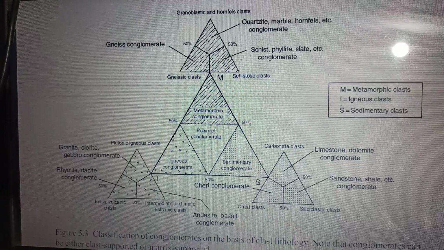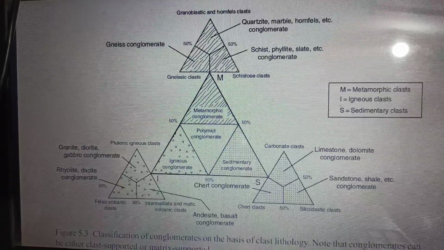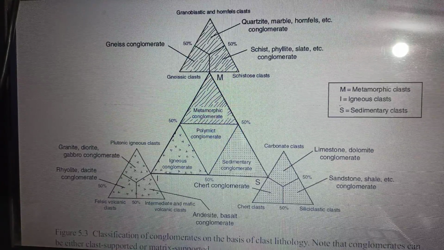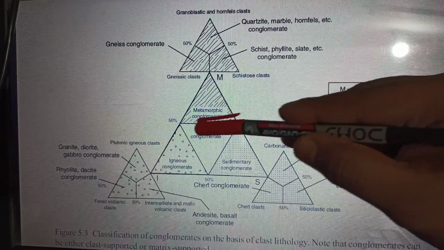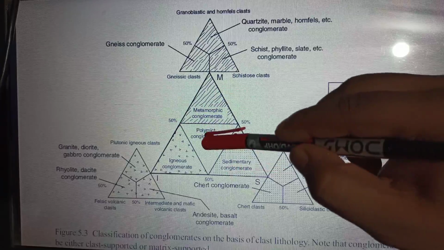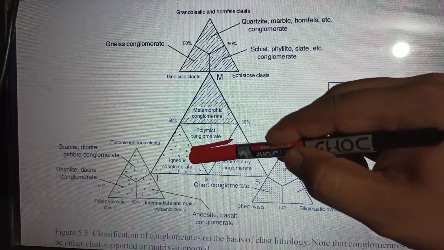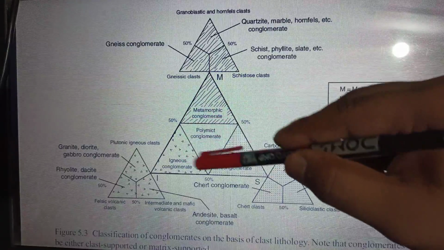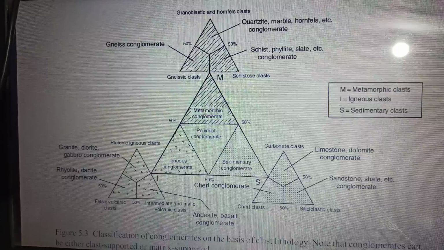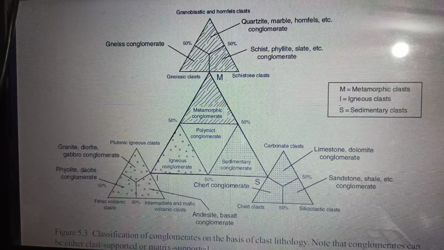They may be metamorphic, igneous, sedimentary, or more than one rock. It can be one rock of sedimentary, one of metamorphic, one of igneous, or different rocks of the same type. It can be anything, so this comes under the category of polymictic conglomerate.